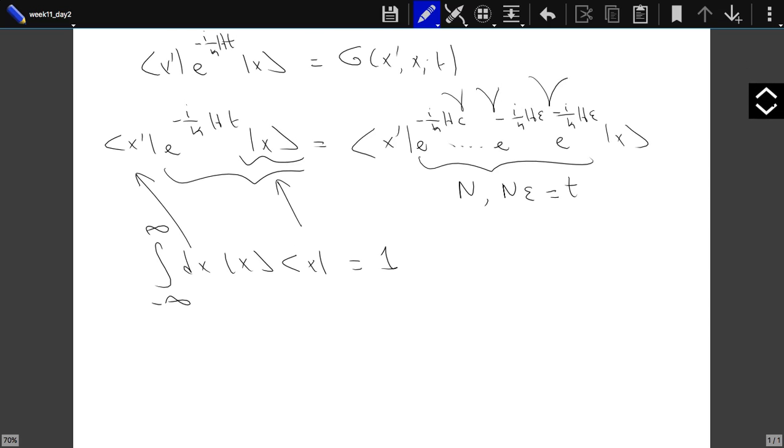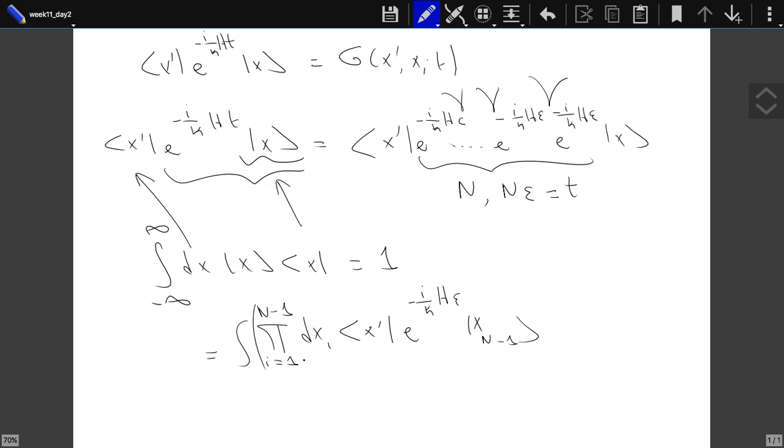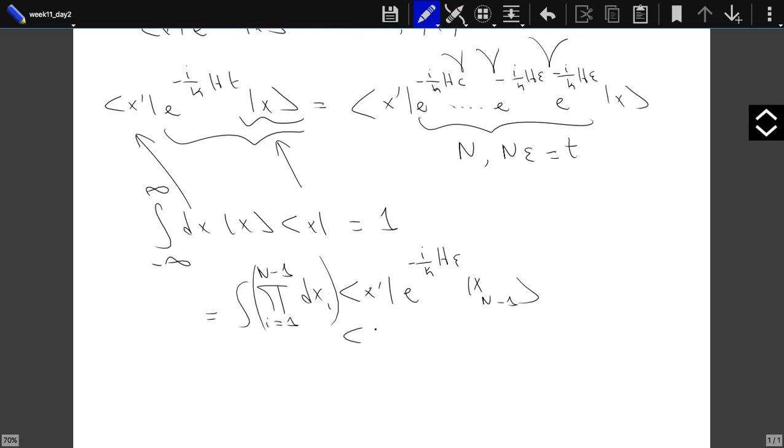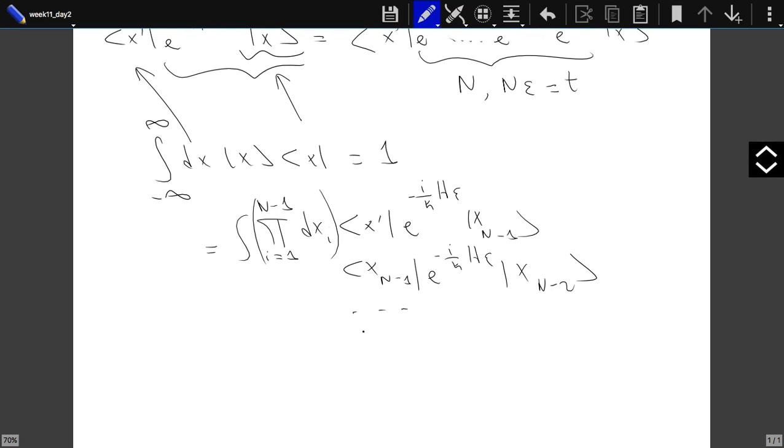We would then obtain the integral of dx_i, n-1 of them, and then <x'| e^(-i/ħ Hε) |x_{n-1}>, and this is the product, then <x_{n-1}| e^(-i/ħ Hε) |x_{n-2}>, etc., down to <x_1| e^(-i/ħ Hε) |x>.